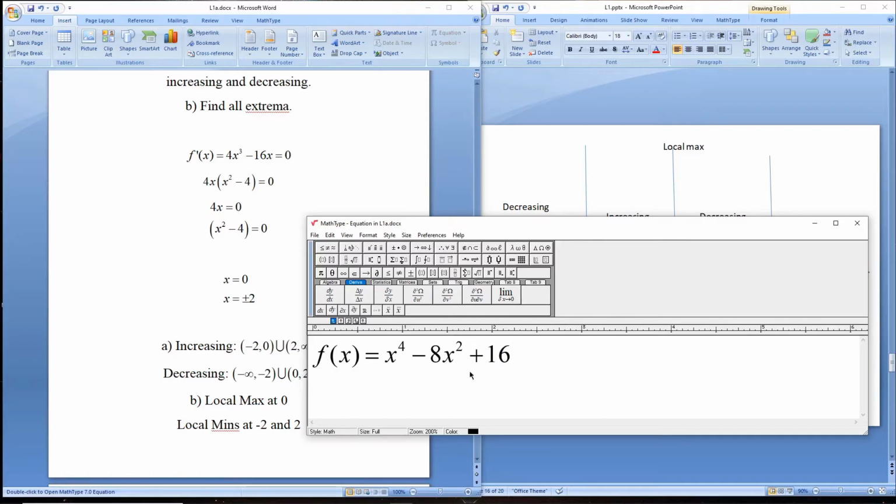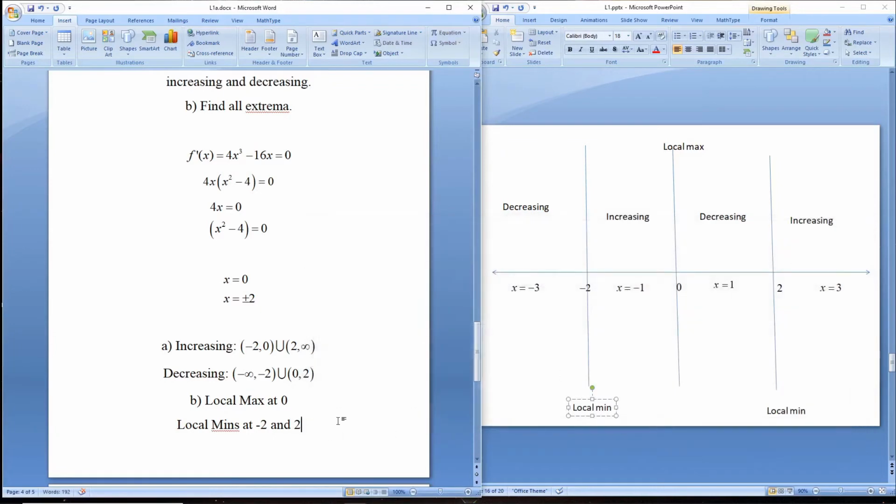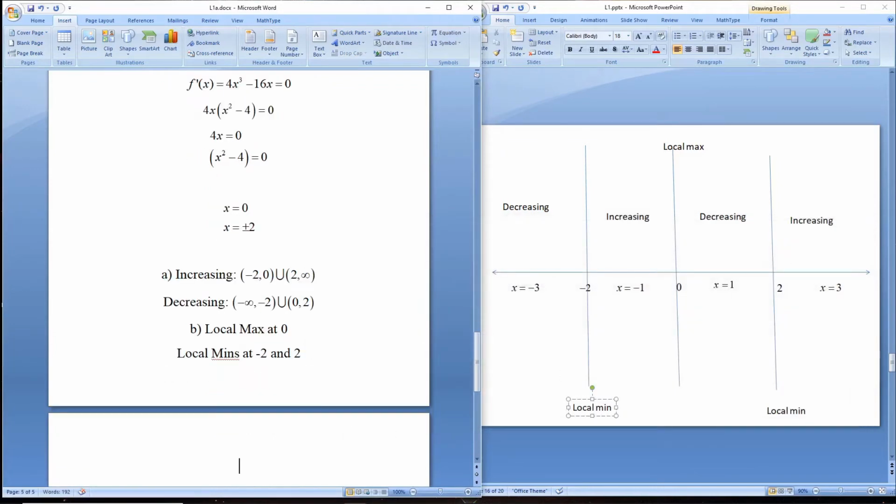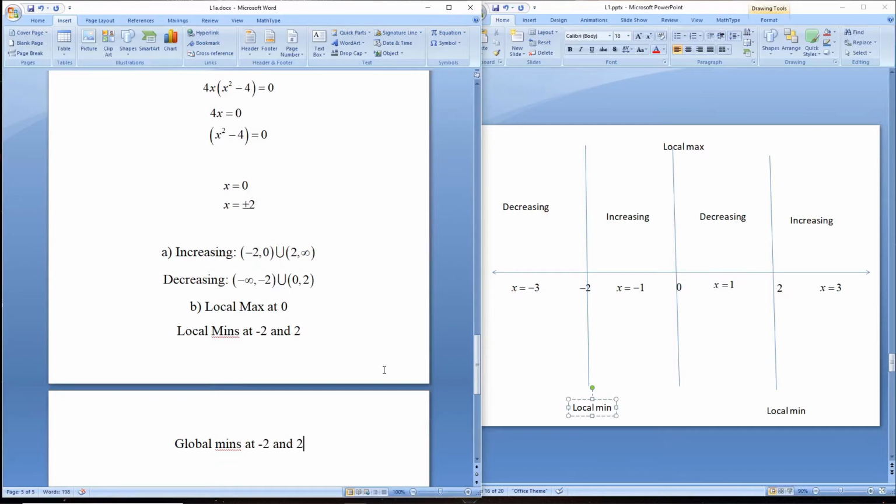So minus 2 and 2 will output the same minimum value. And so then our global mins are at minus 2 and 2. And then that completes our answers. We have our intervals of increasing and decreasing, and our local mins and max, our global mins, and there's no global max.